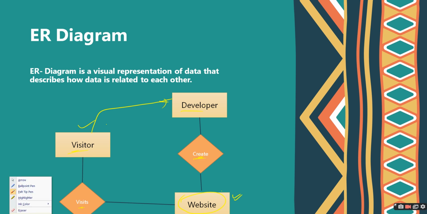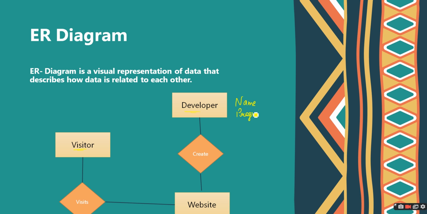So according to this, now I will decide what kind of data I want to store about the developer and our visitor. For developer data, I can store mostly the name, what programming language he or she has used to create this website, and how many days it took to create this website.